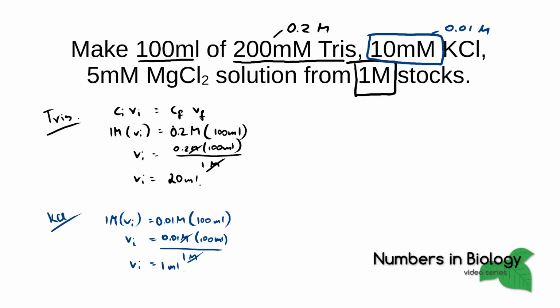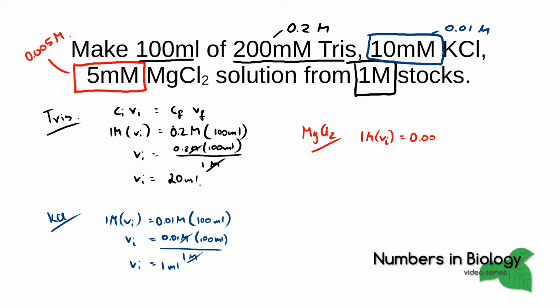And then you solve separately for magnesium chloride, MgCl2. And so here again, your initial concentration, it's a 1 molar stock, so it's 1 molar. Your initial volume, we don't know, so we're going to be solving for that. And that's equal to your final concentration is 5 millimolar, which is the same thing as 0.005 molar.